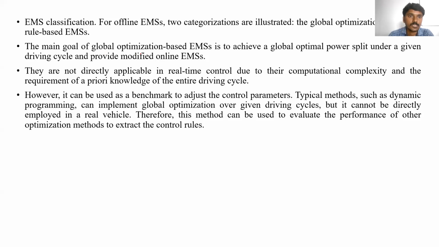The main goal of the global optimization based energy management system is to achieve the global optimal power split under a given driving cycle and provide the modified online energy management systems. So what is the goal of the global optimization based energy management systems?